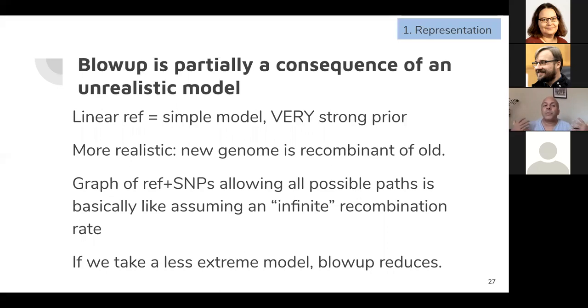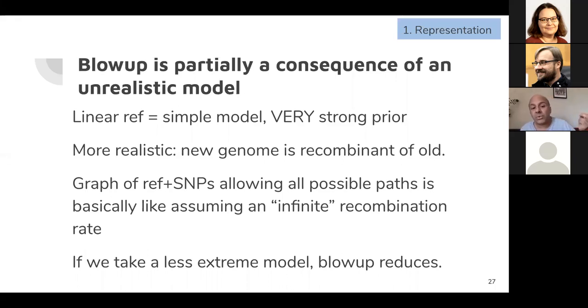So what I'm going to suggest is that blow-up is partially a consequence of an unrealistic model. If you have just a linear reference, it's a simple model, and it's a very strong prior. You expect everybody to look like the reference, mostly. A more realistic, or perhaps more complicated, model is to say every genome is a recombinant of things I've seen before.